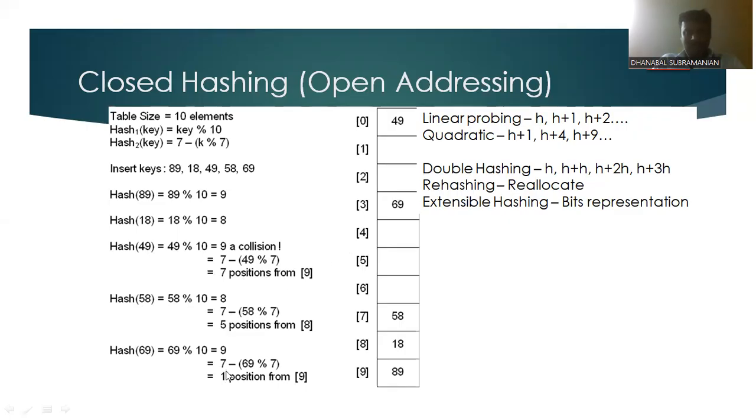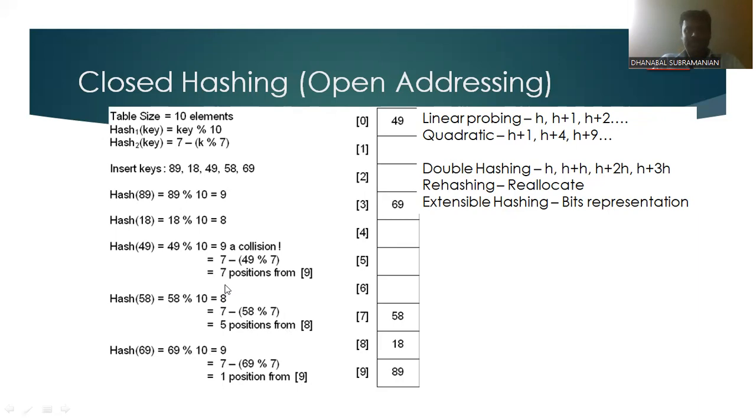Then you apply the quadratic probing method, and the 5th position is used to insert the data. Then 69 modulus 10 is 9, and the 1st position is used to insert the data.